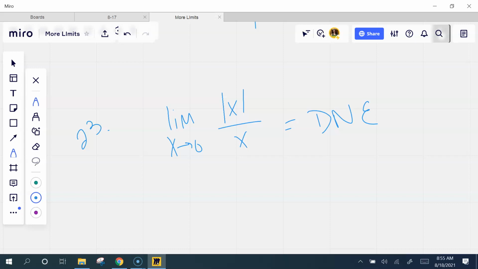Hit math, over to NUM, and it's the very first one.